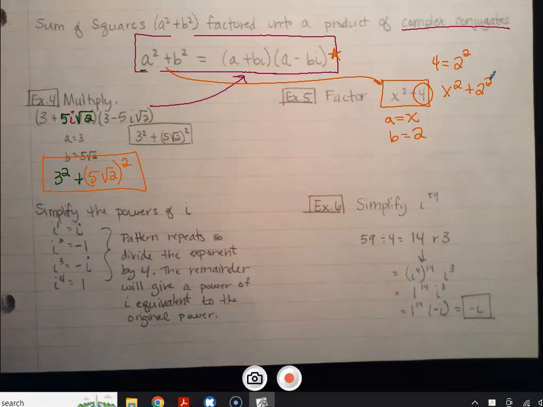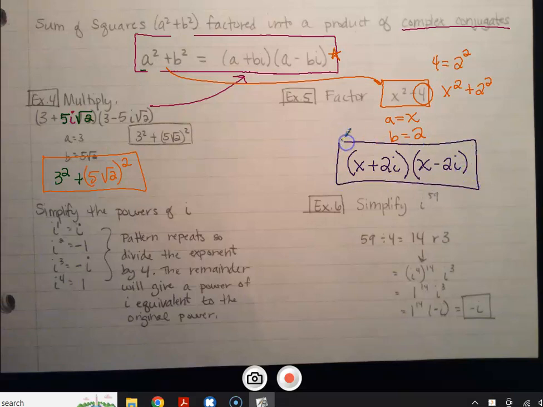All right, so if we're going to factor this, we're going to take our a, which is x, and have it plus 2i times the quantity x minus 2i. And we're done with that one.